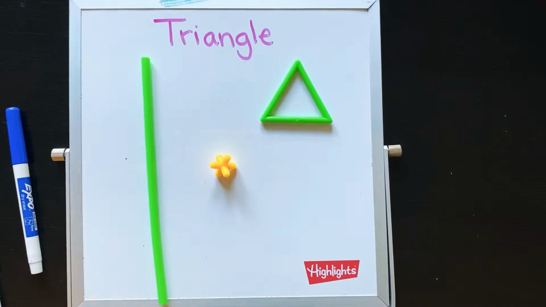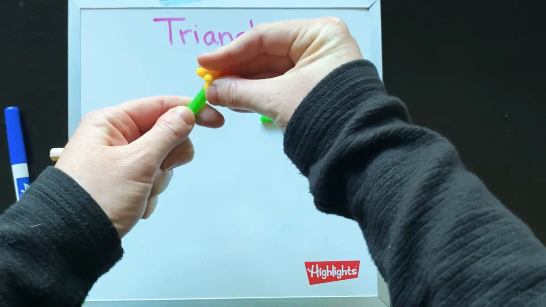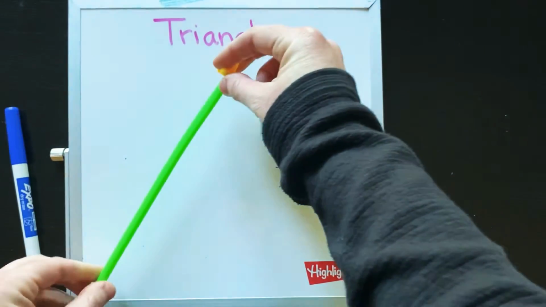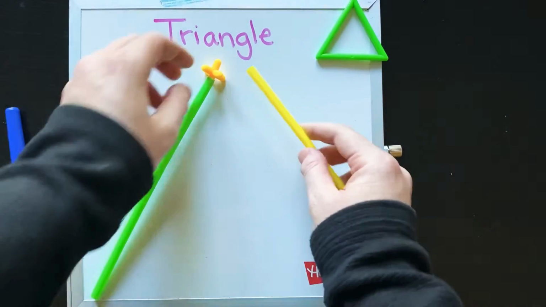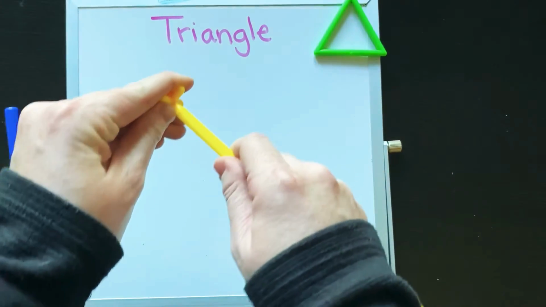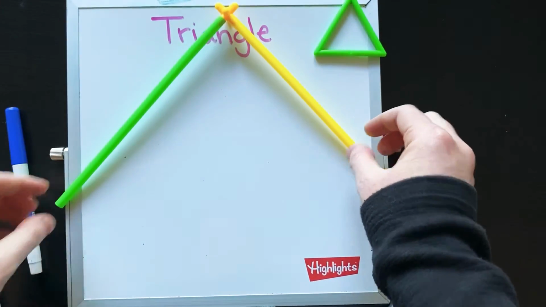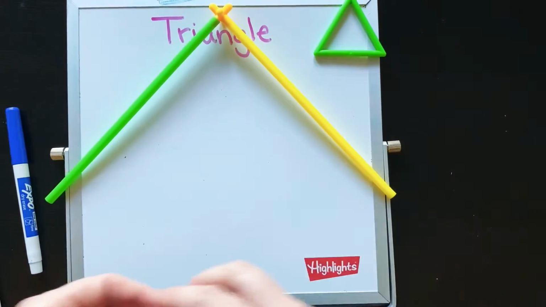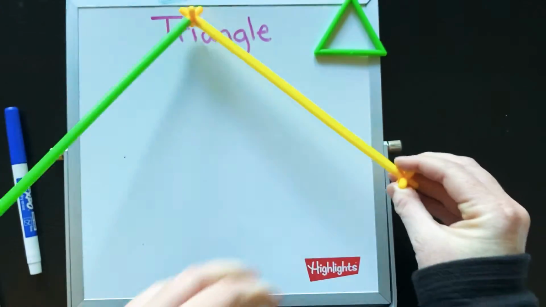Okay, let's see. I'm going to start. Okay, I have one side and one point or corner. All right, I need another side and I need another corner because it's not a triangle yet, right? So I'm going to add another corner here.